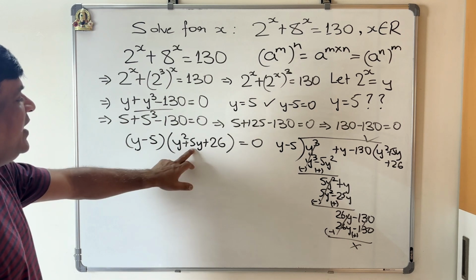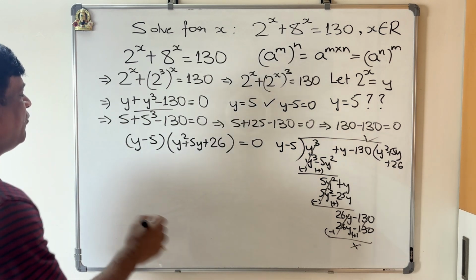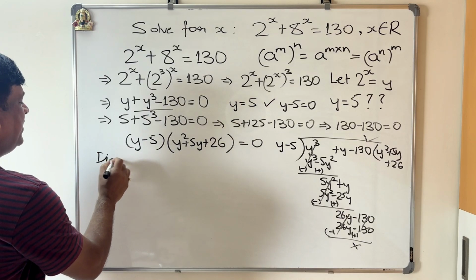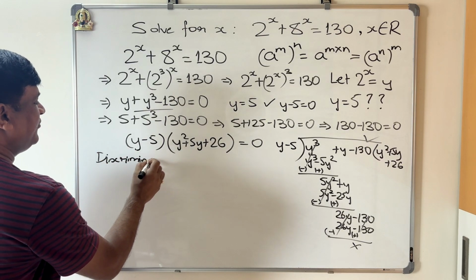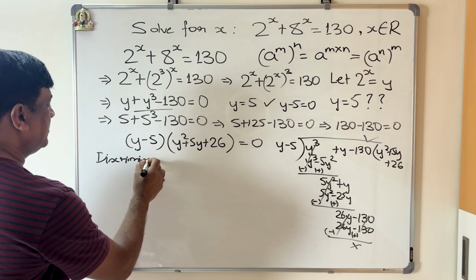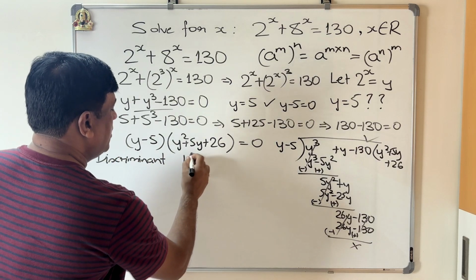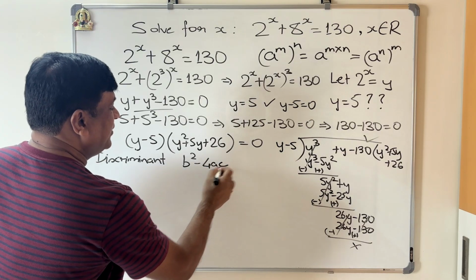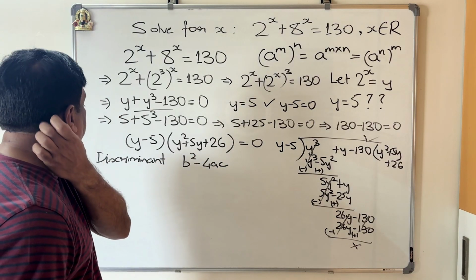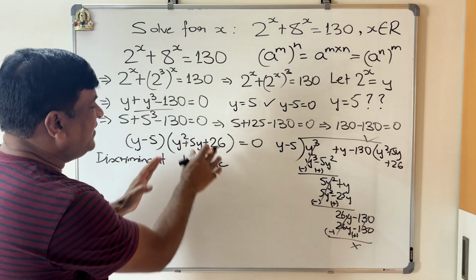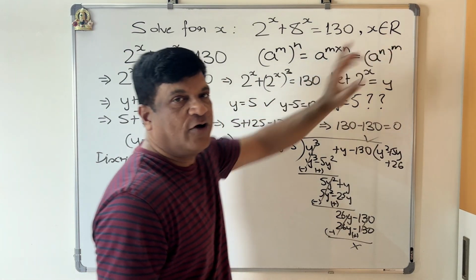Okay. Now let's go ahead and check the discriminant. What is the discriminant? We studied in quadratic equations, right? Discriminant is nothing but b square minus 4ac, to check what the roots are coming out to be. Let's check whether we are getting real roots or not.